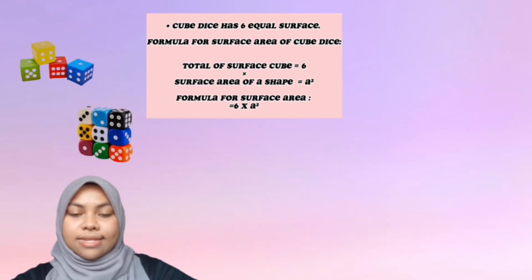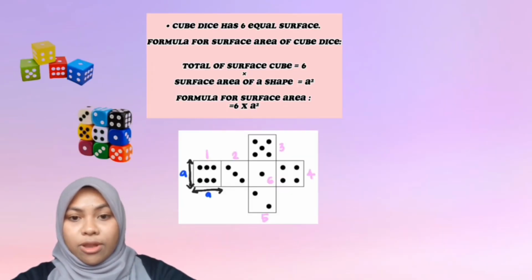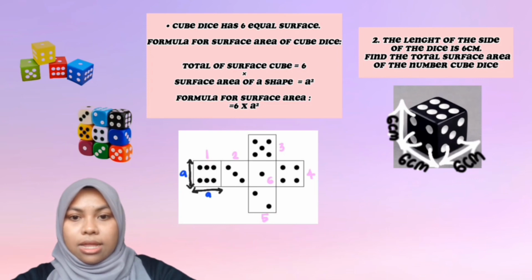A cube dice has 6 equal surfaces. The formula for the surface area of a cube dice: the total number of surfaces multiplied by the surface area of a shape. So, the formula for the surface area of a cube is 6 multiplied by a squared. Example question: the length of the side of the dice is 6 cm.